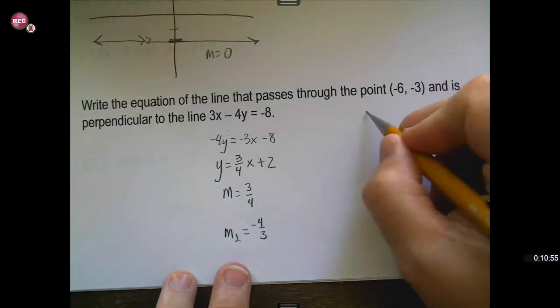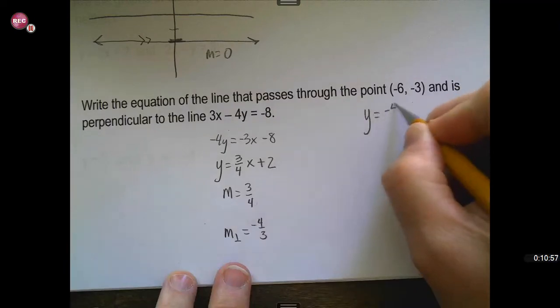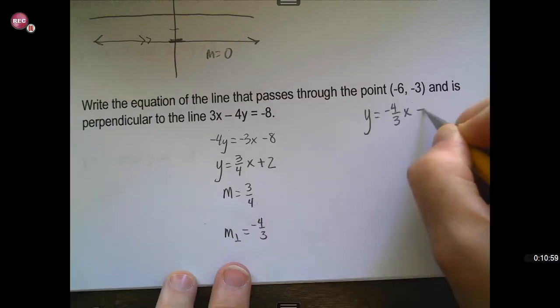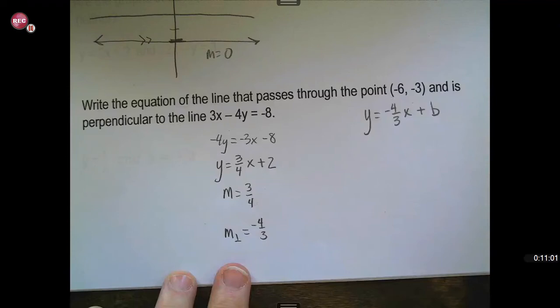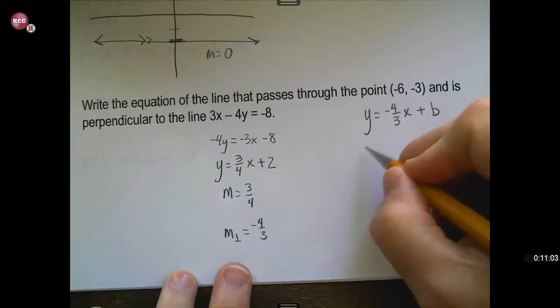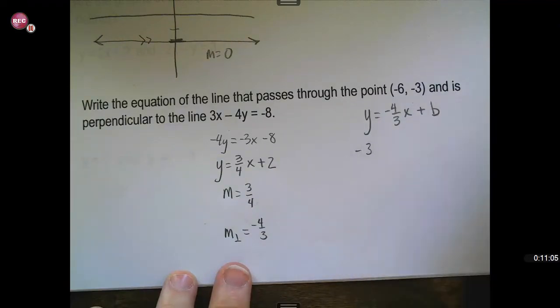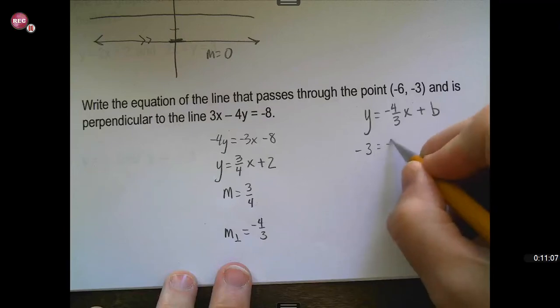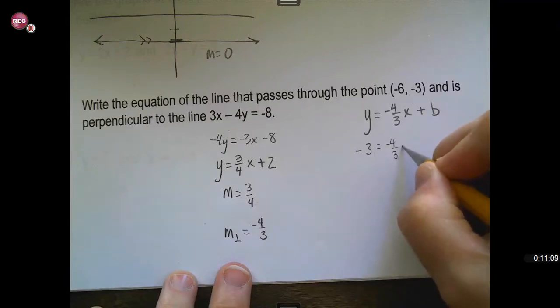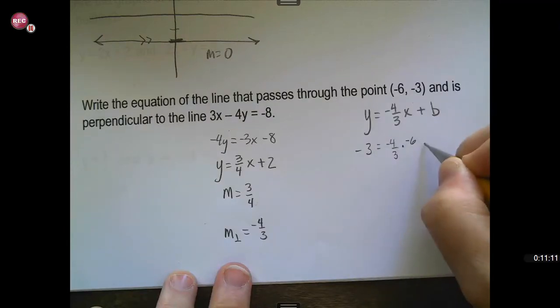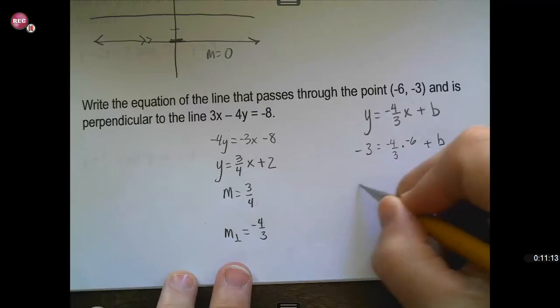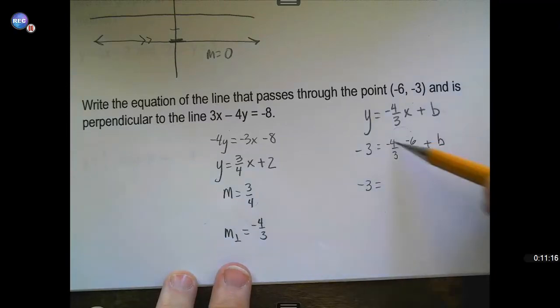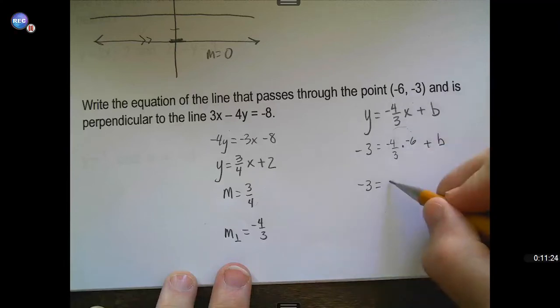So over here I have y equals -4/3 x plus b, and then I plug in that point. Y is -3, -4/3 times x, which is -6. And I'm still seeing some issues where you're multiplying these fractions together and you're not reducing. If you multiply this and reduce this fraction, you actually get 8.